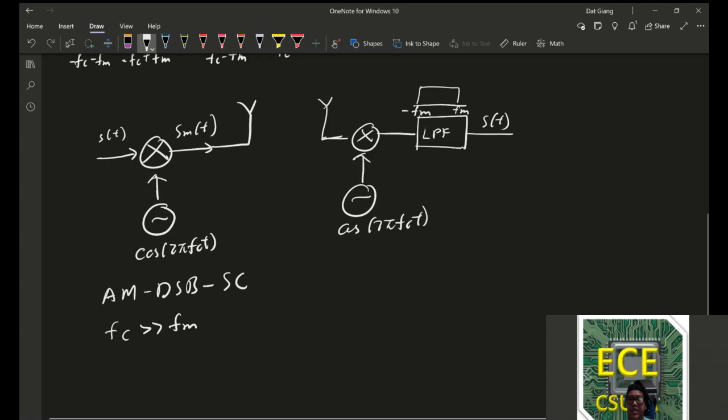Now, there are some issues with this, and for the viewer, whenever you take analog communication systems, you will understand that the limitation of AM/DSB/SC is the whole issue of these two oscillators. However, I will not discuss this. Simply, this is as good as we'll have it.